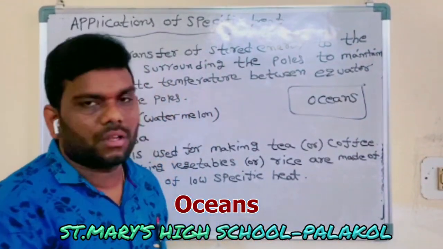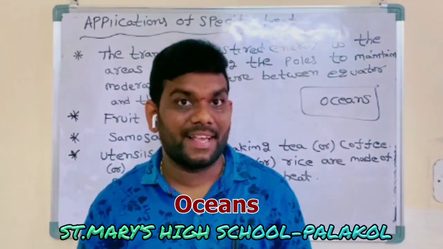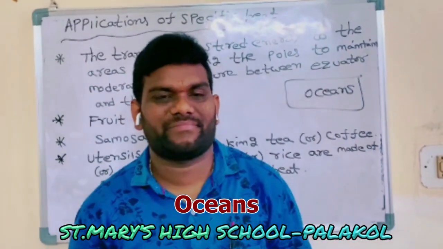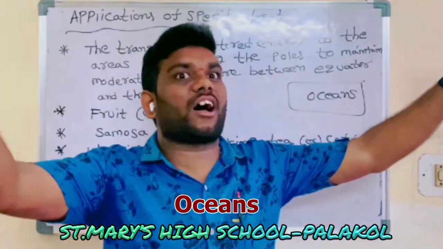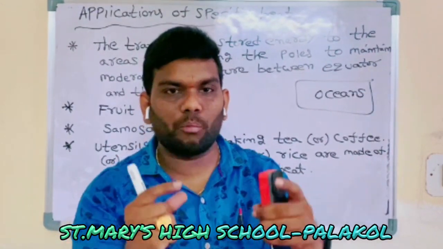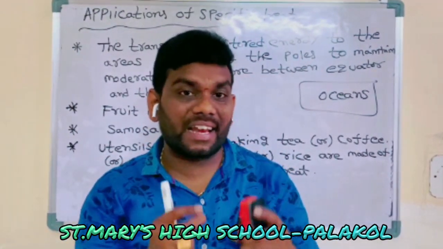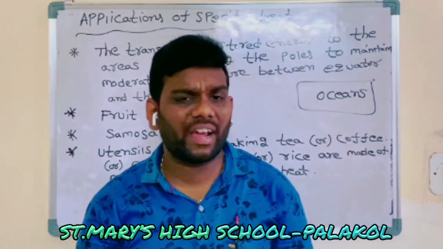So students, water masses like oceans absorb a large amount of sunlight to maintain a relatively constant temperature. Why?